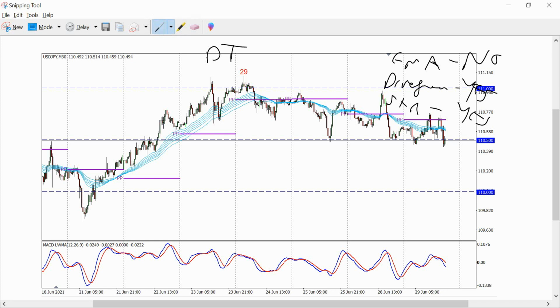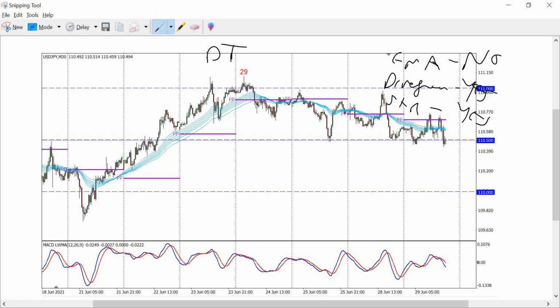So the top of the wick was last seen 29 bars ago, which is this bar over here. So you can see here that the top of the wick is touching there. So if you count back from there to there, gets you to your 29 bars.